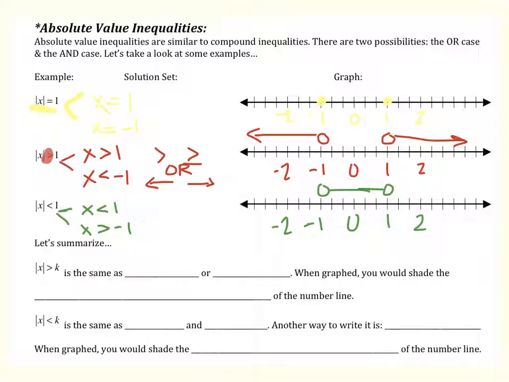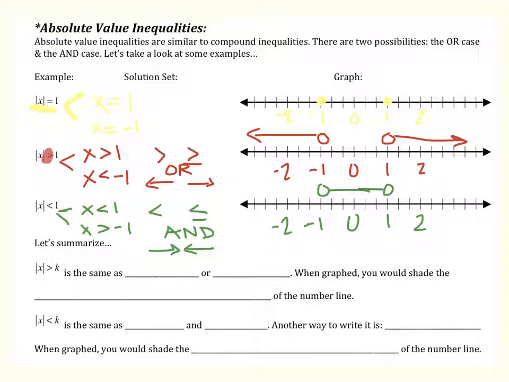So when we have less than or equal to, that's going to be our and, and we will always shade in. So less than is an and inequality, and and is in. Greater or greater than or equal to is your or, and they're going to shade out. So that's just a quick way to check yourselves once you solve them and graph them.